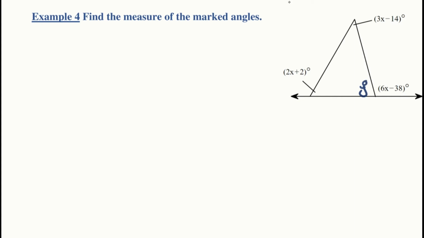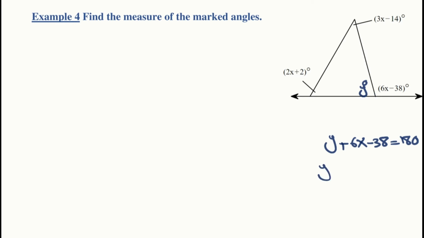Now we know that y degrees plus 6x minus 38. Let's go ahead and leave out the degrees for simplicity. We know that we're dealing with degrees, so equals 180, right? As far as pure numerical values are concerned, because these two are supplementary angles, right? They're adjacent supplementary.